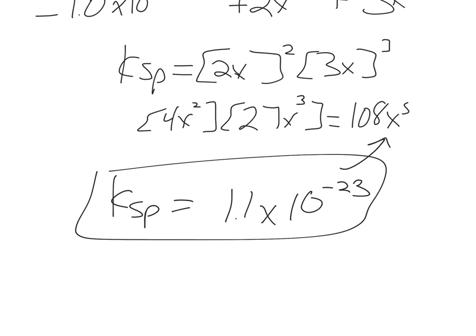And as usual, you're either going to find x by being given the Ksp, or in this case, find the Ksp by being given x. So in that sense, we should be good to go.